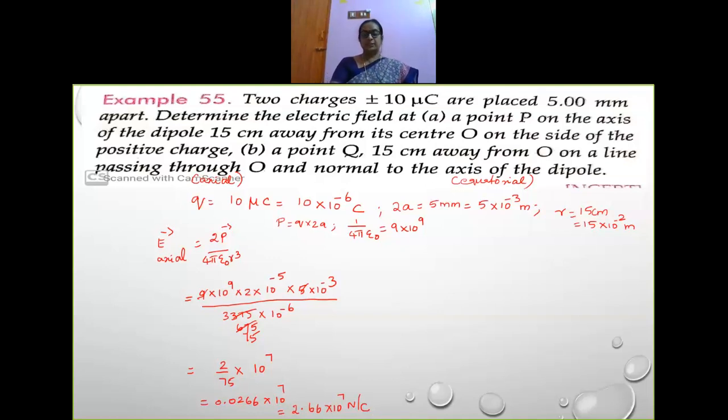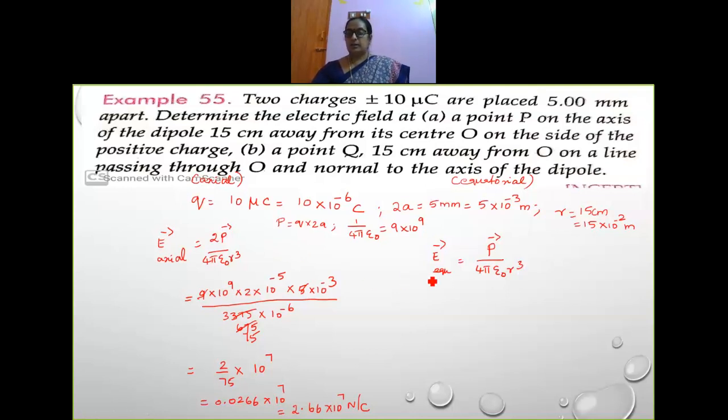Now this is with respect to the first part of the sum. We have taken only the axial line, right? Now next we move on to the equatorial line. So what is the formula for equatorial line? E equatorial equal to, again, P vector by 4 pi epsilon naught r cube, right?